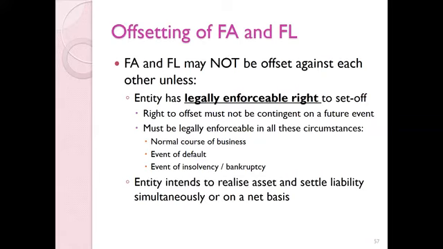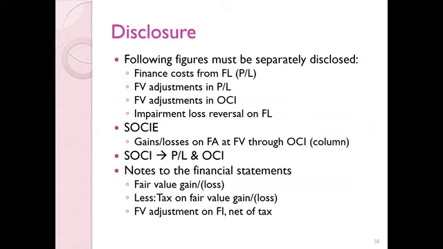Yeah, so this is really feeding back to IS1 when we looked at offsetting, and this is really the same emphasis coming through in our financial instrument section. When looking at disclosure, what might you expect to come across? So the following figures must be separately disclosed.